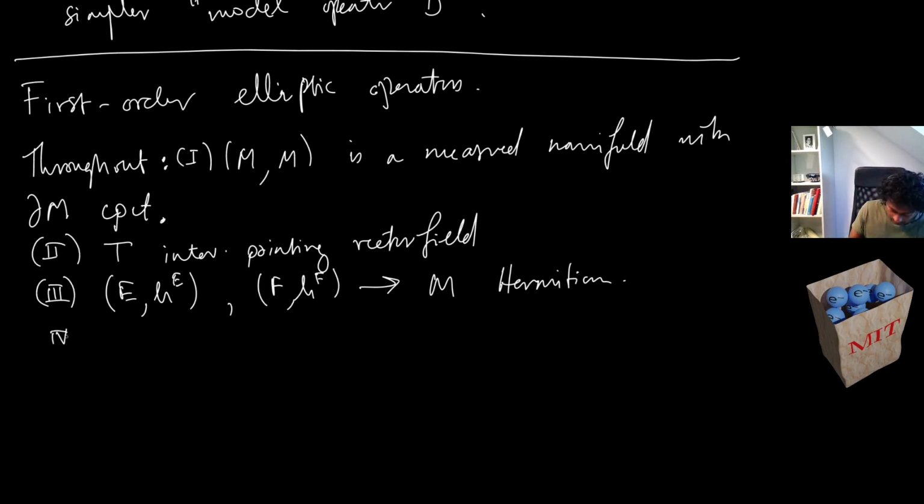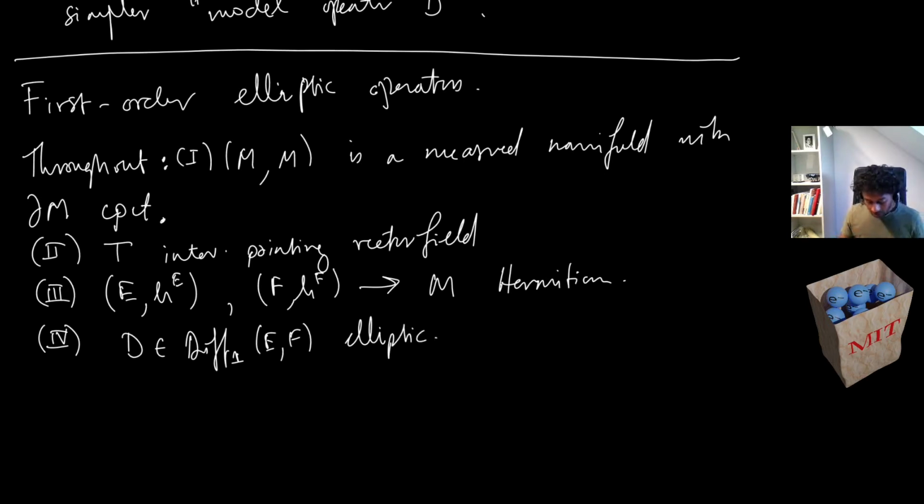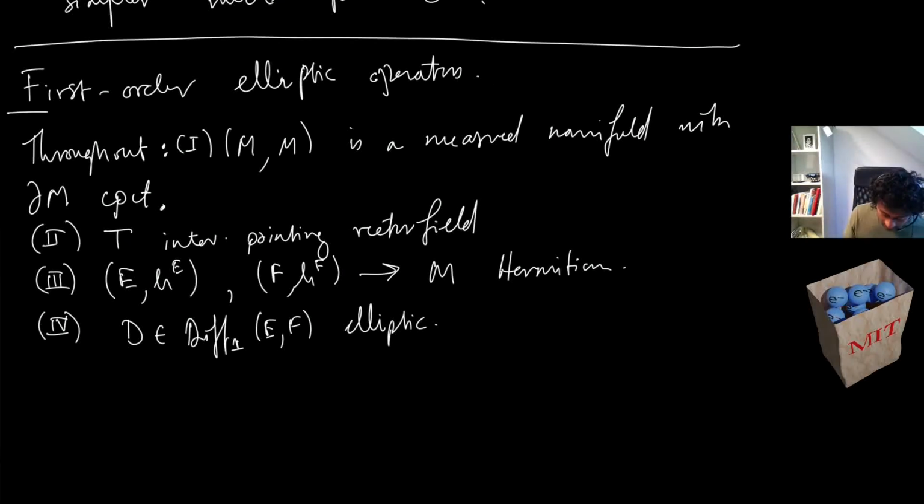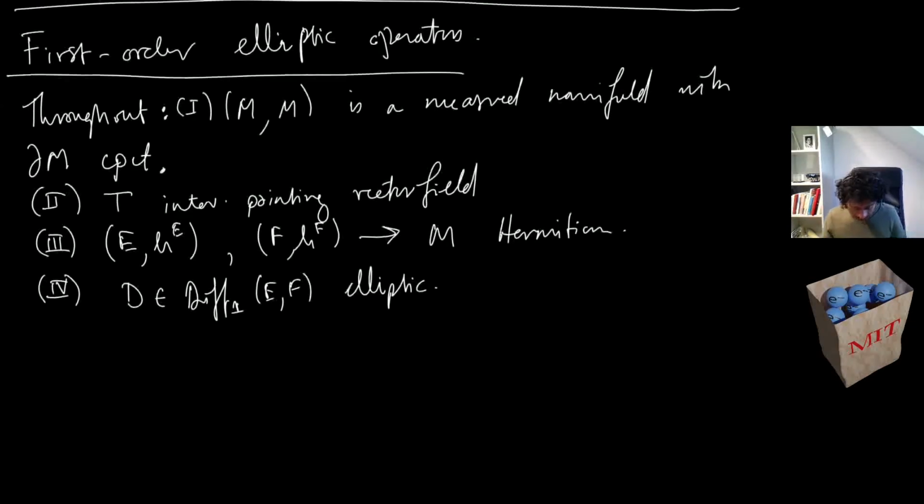And the fourth thing is I'm going to assume that D is an order 1 differential operator from E to F, elliptic. Okay, so this is going to be the background assumptions for us from here on.